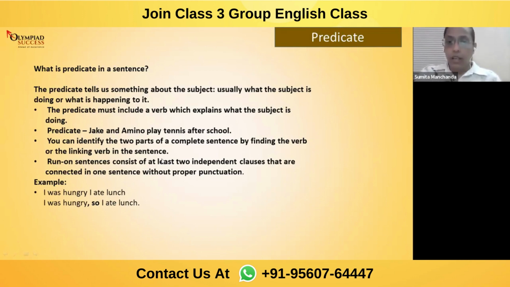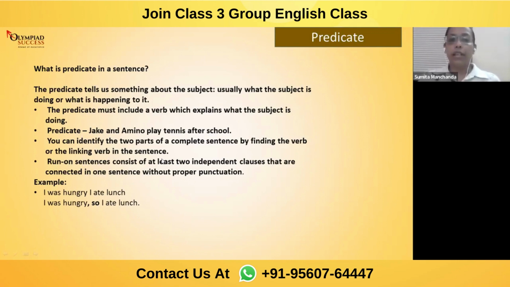So always remember, whenever we talk about subject and predicate, a verb needs to be there. It's compulsory. Without a verb, that sentence can't have a subject or predicate. So it is very important to have a main verb or linking verb in the sentence.